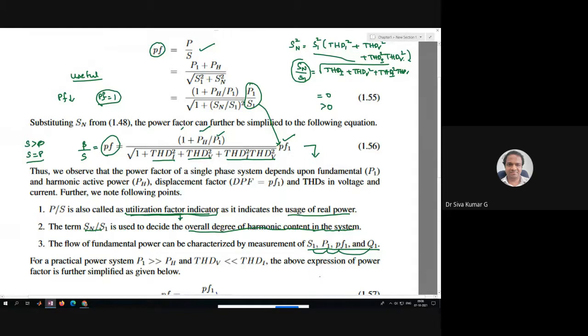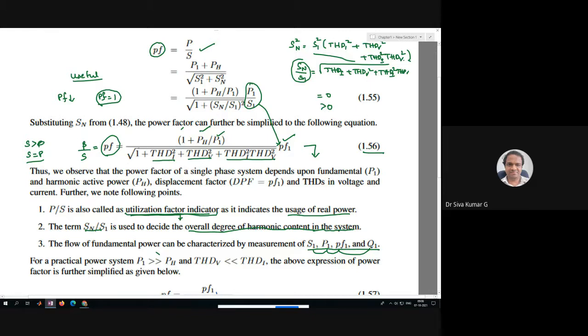With this equation 1.56 also, we are not able to define how the power factor is influenced by the THDs of the current. But we can ensure that when the denominator value is much higher, then obviously the power factor becomes low.